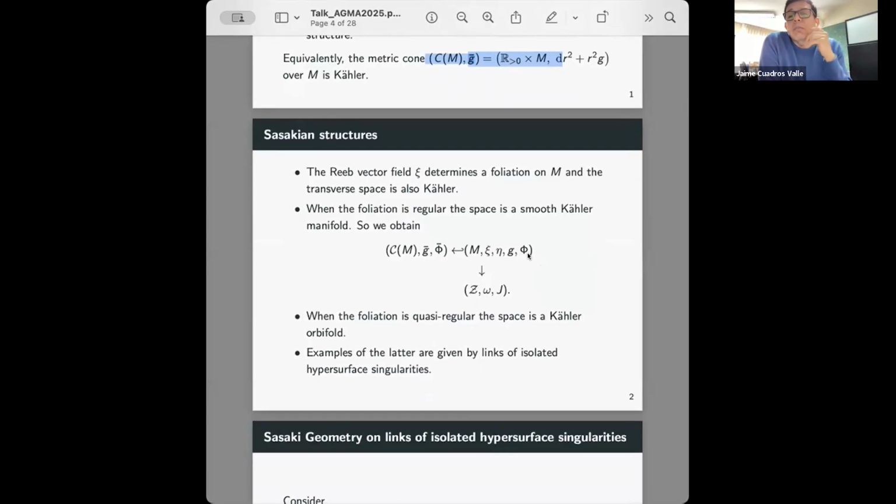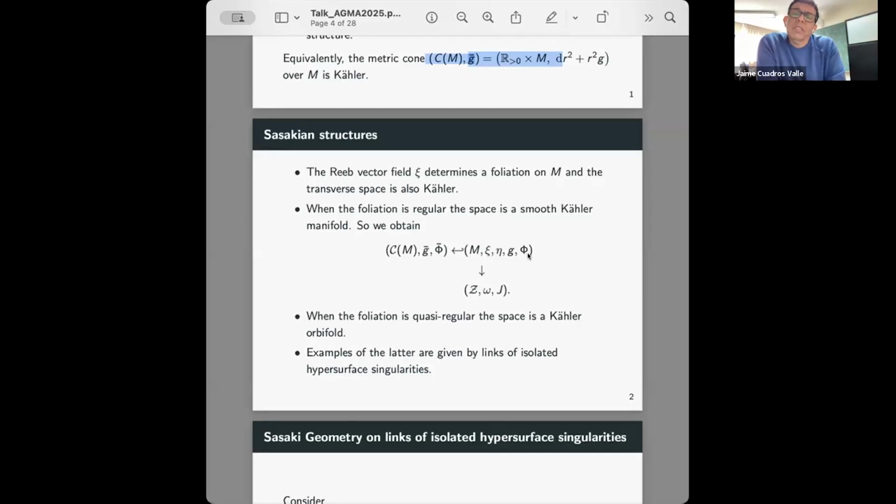One, the cone, gives you some affine, non-compact object that is Kähler, and the transverse space gives you a compact Kähler manifold. For instance, we will be looking at problems where the manifold M is originally of dimension 7, then the cone will be of dimension 4, it will be Kähler, so a non-compact Kähler object, and the transverse space will be a six-dimensional manifold that also is going to be Kähler.